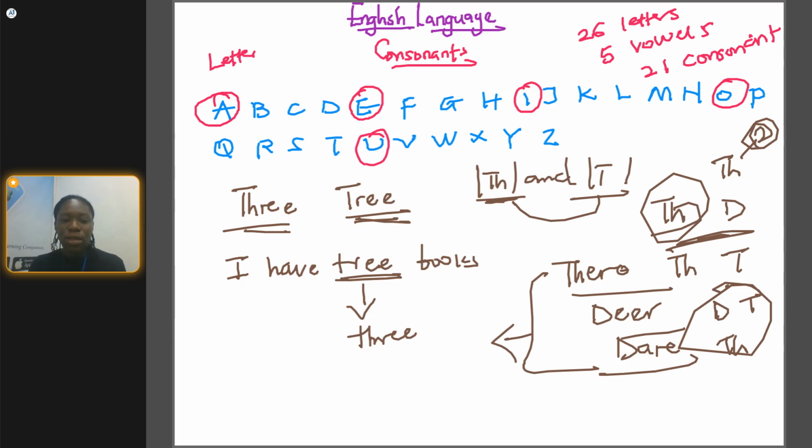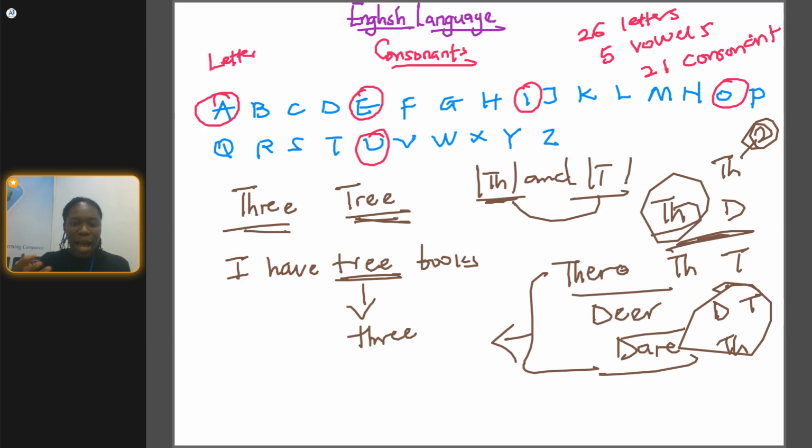Again, when you say the sound f, as in fish, your teeth touch the bottom lip, thereby blocking or stopping the air as you speak. So a consonant sound, unlike the vowel sound, is the sound that we make when something blocks. That something could be your lips, your teeth, your tongue, or your throat.